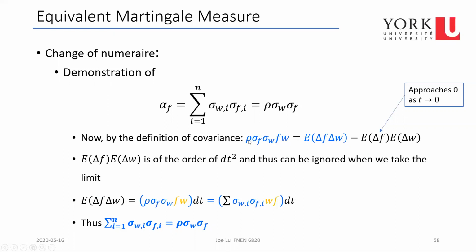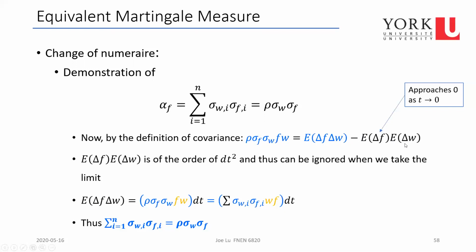So you have a covariance between F and W, which is defined this way: basically the expected value of the product minus the expected value of delta F times the expected value of delta W. So this is really just by definition, the definition of covariance.